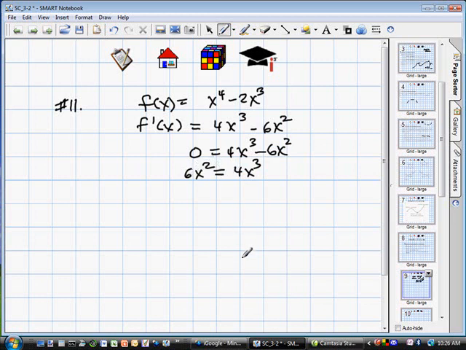I should have just left it where it was, my apologies. You could do it that way, but I think a better way is to factor it. So what can I do to factor this? I could take out a 2 and an x squared?